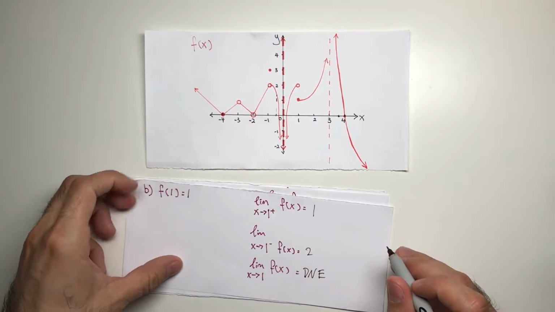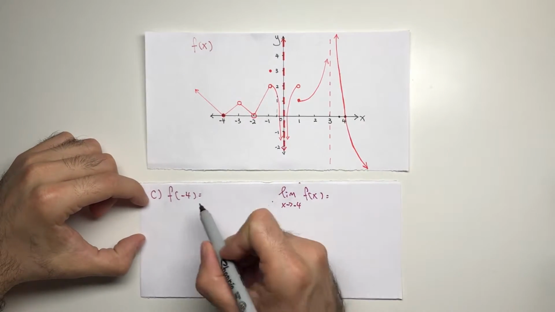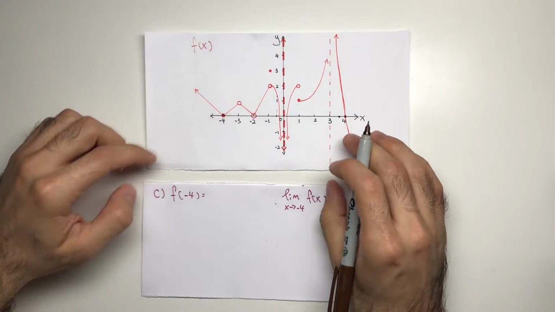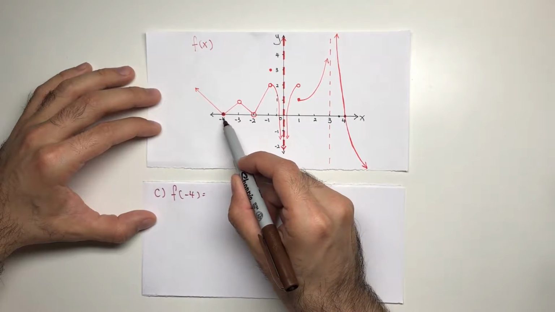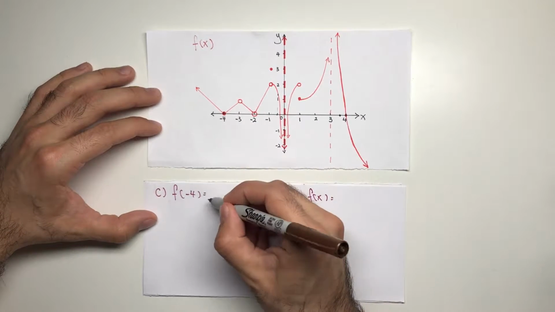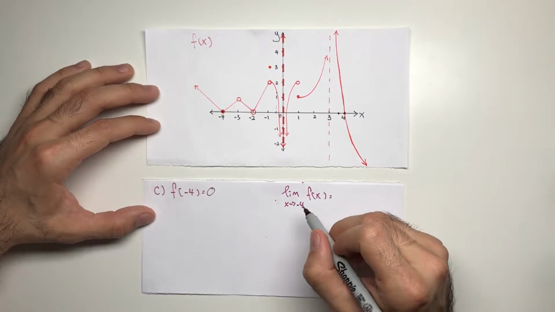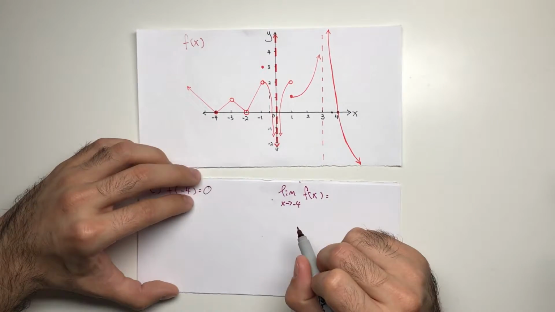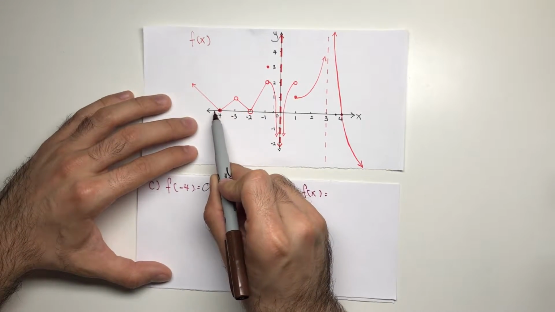So let's try another. Let's try one for x equals -4. So f of -4, we can see, is just defined to be 0. It's on the x-axis. And we can tell just by looking at it that we have 2 connected sides of this graph.